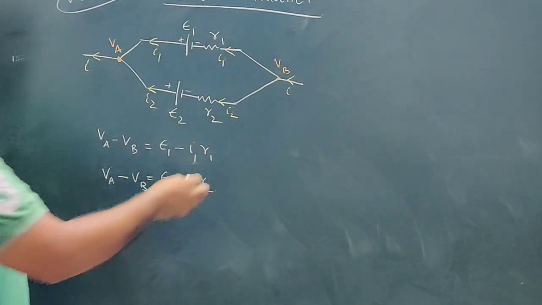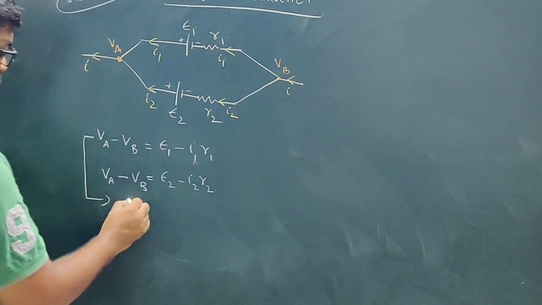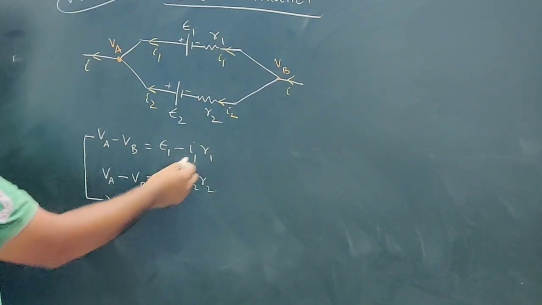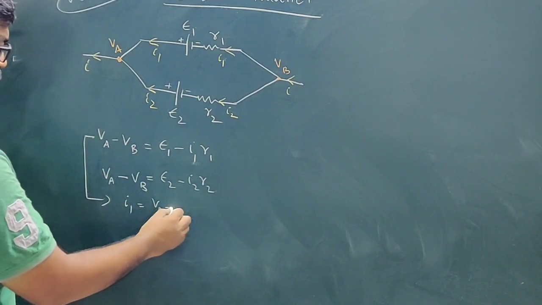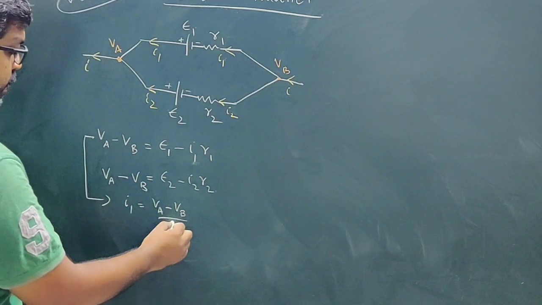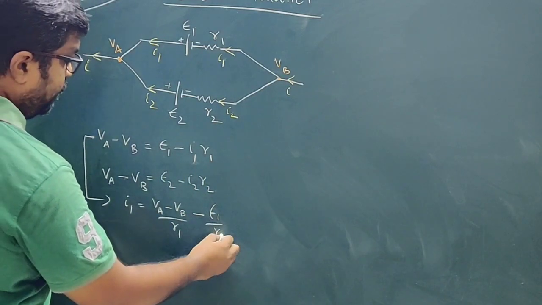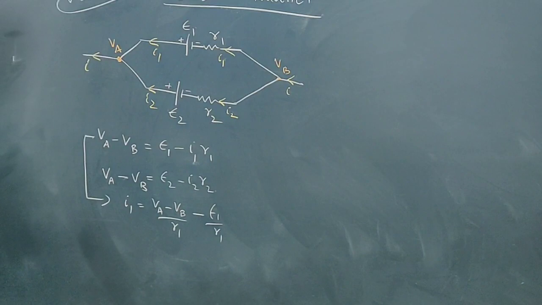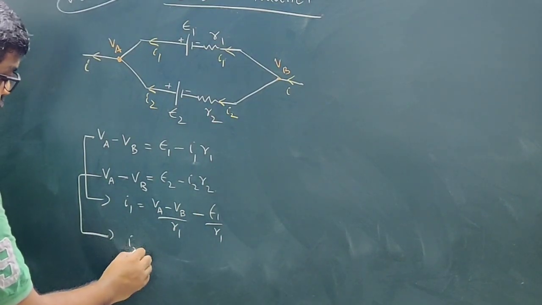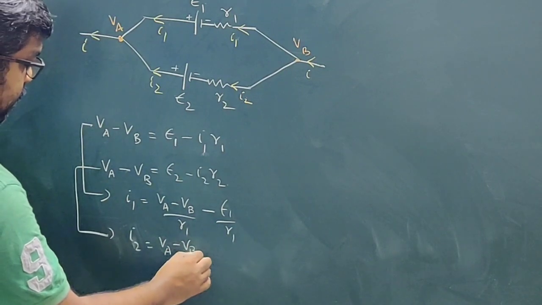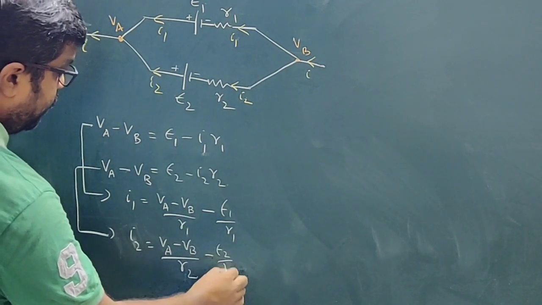Okay. Achha. Now from this I can write the value of I1 as (VA minus VB) by R1 minus E1 by R1. Correct? Similarly for this, I can write the value of I2 as (VA minus VB) by R2 minus E2 by R2.